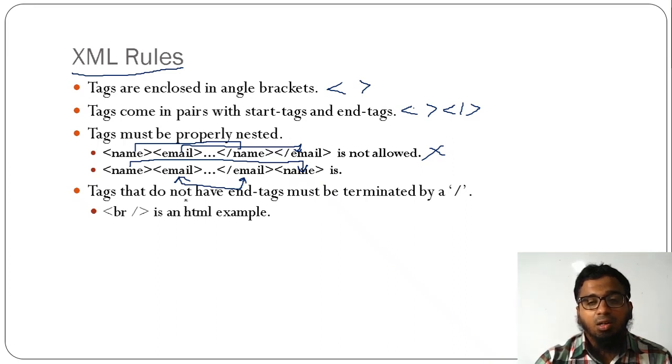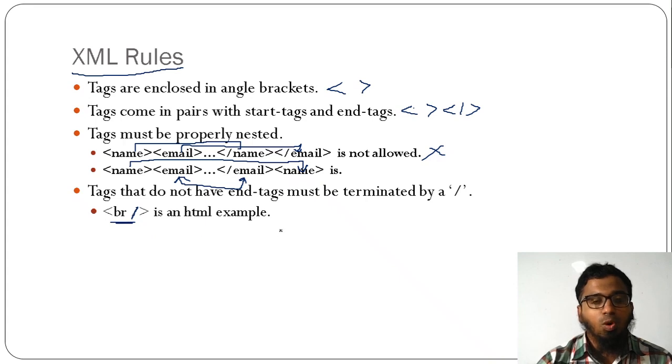Tags that do not have end tags must be terminated by a slash, means like this. As you know, BR does not have a closing tag. Because of that, in XML you must write it like this. Okay, fine.